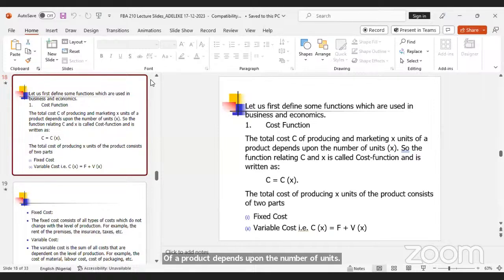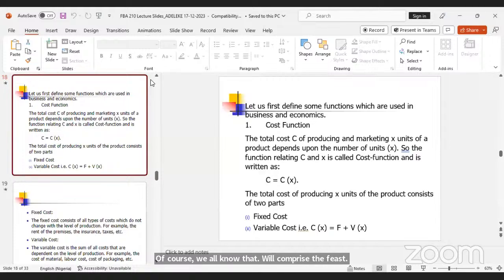X is the number of units. So the function can be written as C of X. The total cost will comprise the fixed and the variable cost.